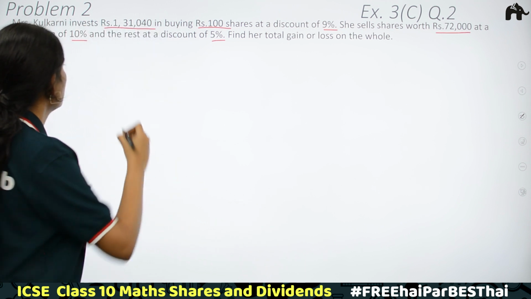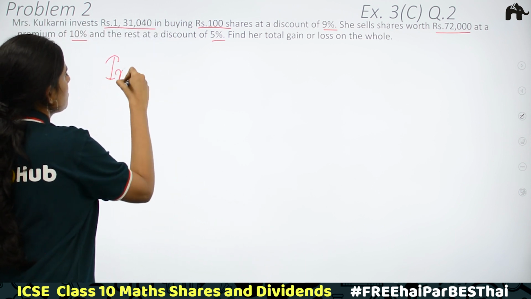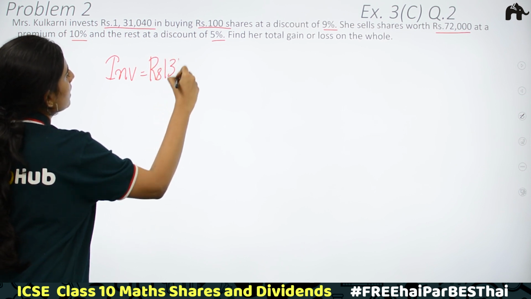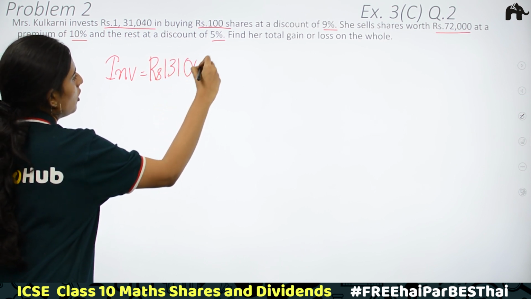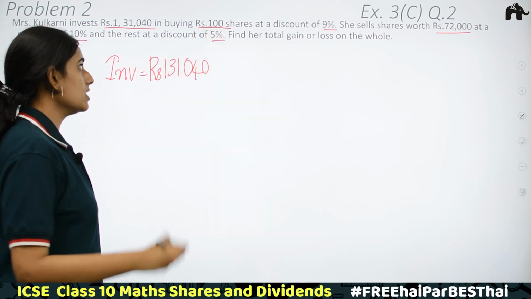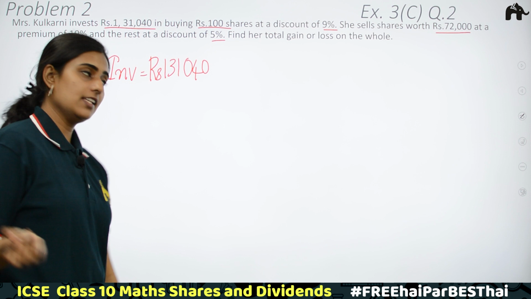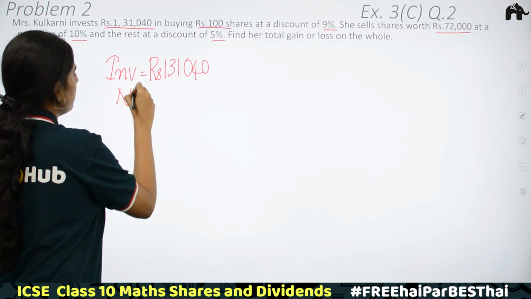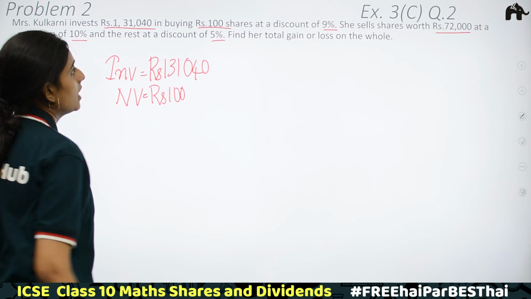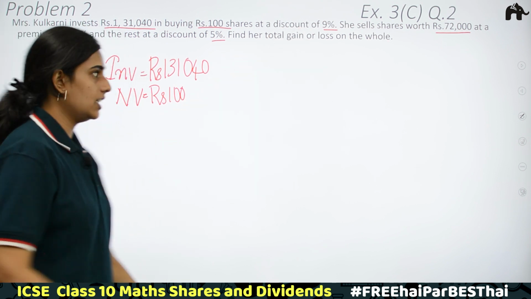Let's solve this. We have the investment given. Investment is equal to rupees 1,31,040. In buying rupees 100 share. What is rupees 100 here? Yes, the nominal value is equal to rupees 100 at a discount of 9%.